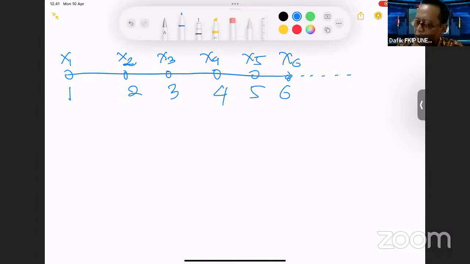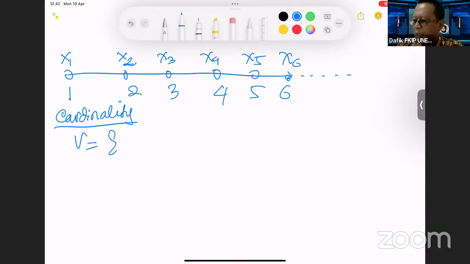Then we try a counting process of the cardinality. First of all, the vertex set. I say the vertex set is x_i for i up to n.